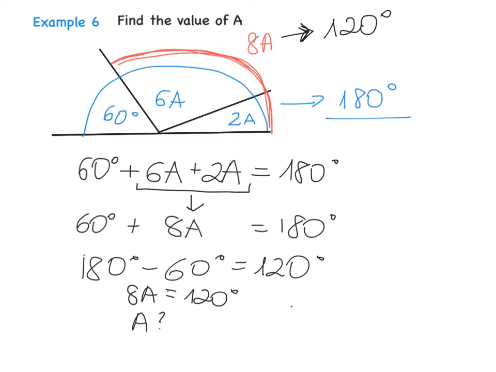Okay, so 120 divided by 8 is 15 degrees. So a is 15 degrees. If we want to check it, we can just simply write down 2 multiplied by 15 is 30, 6 multiplied by 15 is 90, and then plus 60, and it should be 180 altogether, okay?